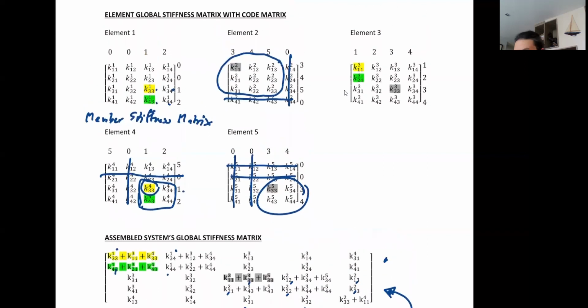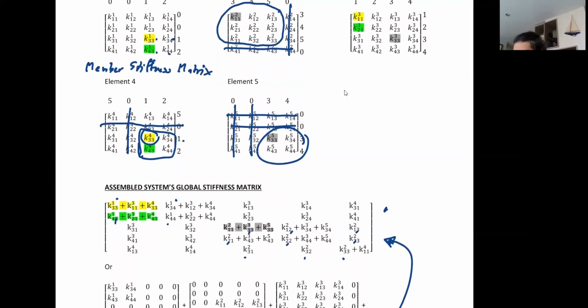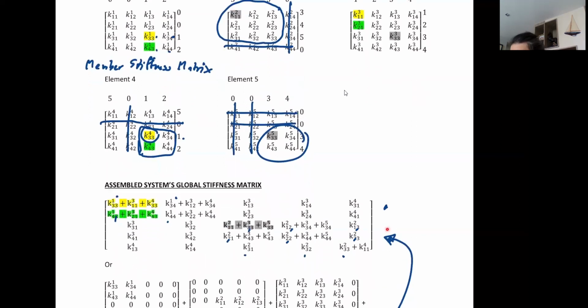And in the end, keep in mind that the matrix of the member is 4 by 4. You assemble this and you're going to have the matrix of the system with the size in accordance with degrees of freedom.